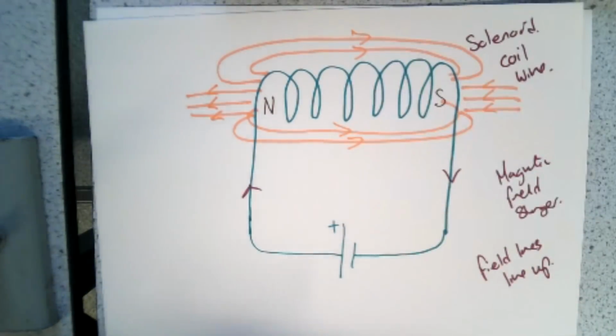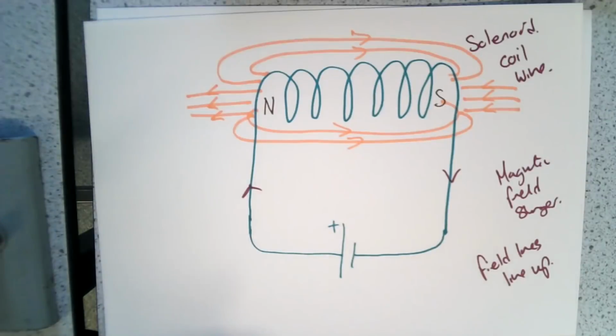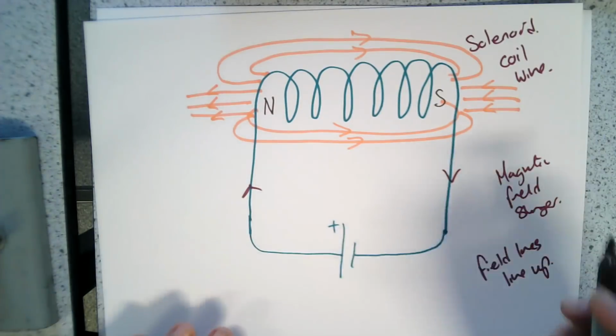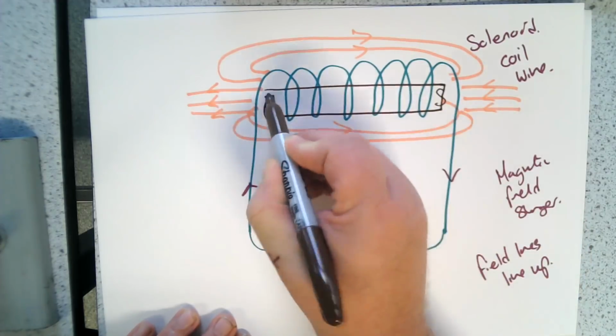Okay, really key. Now, solenoids are really useful, for example in a solar wobbler, where it causes a magnet attached to the thing that moves to go backwards and forwards, backwards and forwards. However, I can make my solenoid even more useful by inserting into the center an iron core.